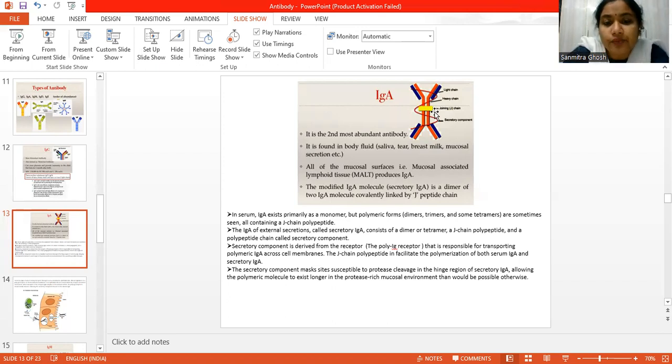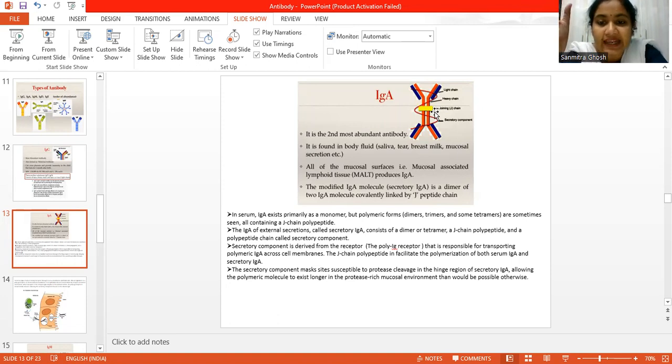The secretory component is derived from the receptor, that is the poly-Ig receptor, which is responsible for the transport of the polymeric IgA across the cell membrane. So the receptor on which this IgA is being bound, from that particular receptor itself, a portion of the polypeptide chain is being cleaved off, and that is forming the part of the secretory component.